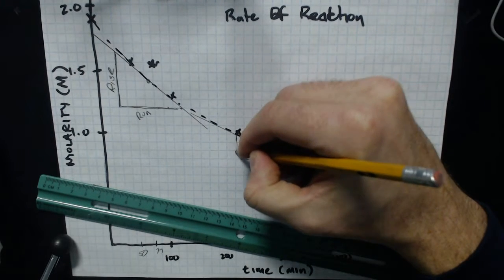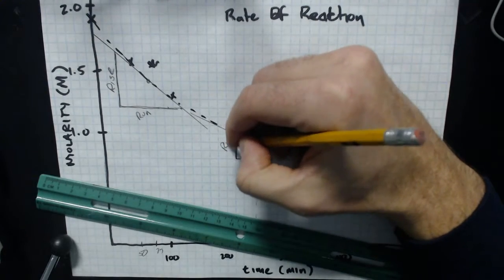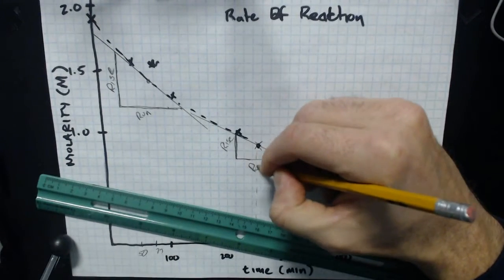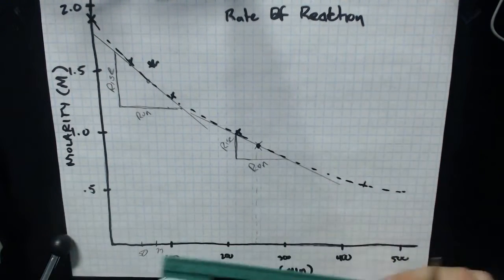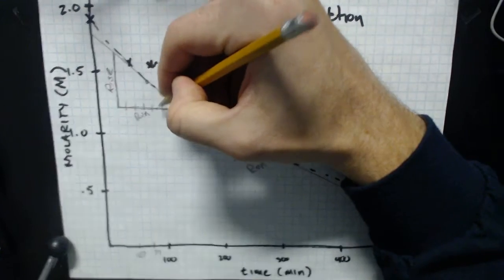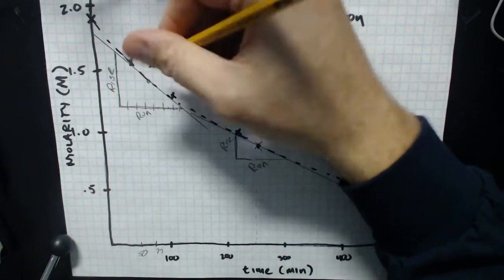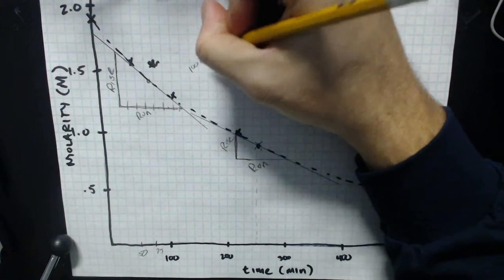Goes to there, it looks like. Okay, so rise over run. And so now we do some math here. So this is 1, 2, 3, 4, 5, 6, 7. So that's 7. So my scale, that would be 100 minutes.